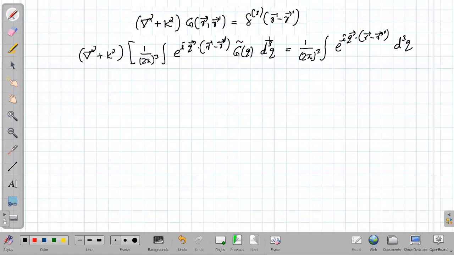Okay, so I've just substituted the Green's function and the expression for the Dirac delta function.